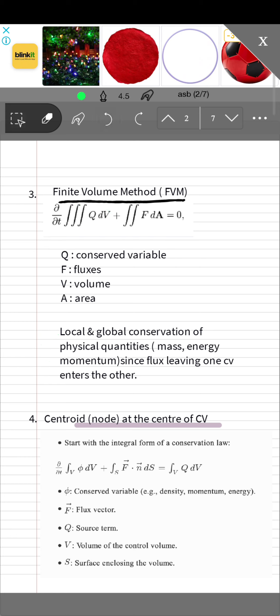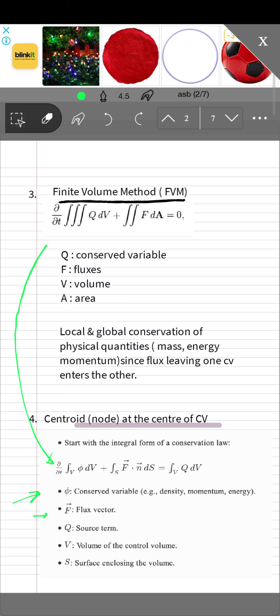Now another aspect of control volume is that we usually consider a point at the center of any control volume, and that point is represented as P. This is in fact an extension of the finite volume method. What we have done here is represent the conservative variable, which was q before, by phi.